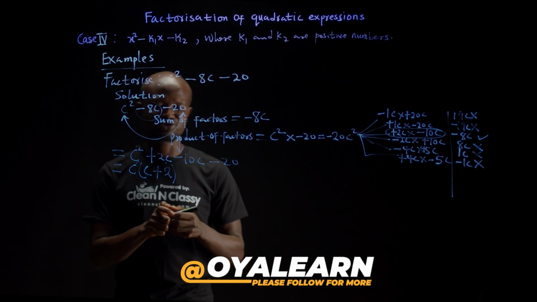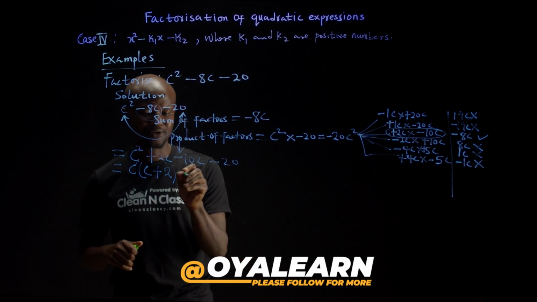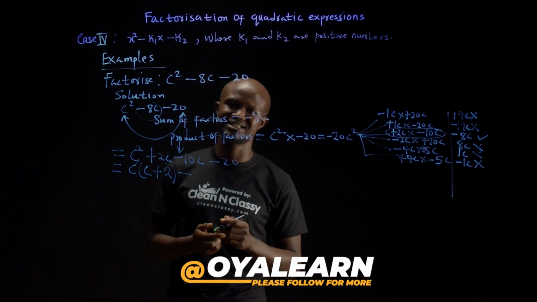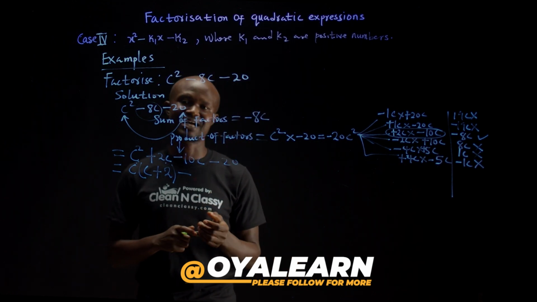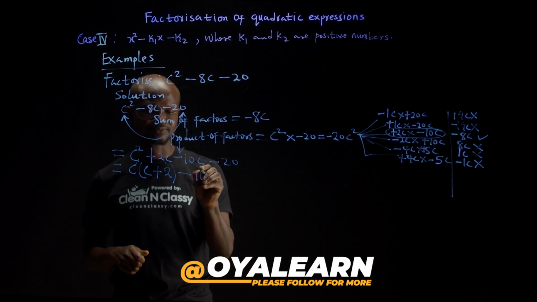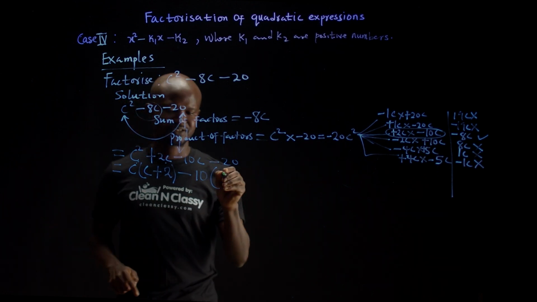And now the last two, minus 10c and minus 20. You can see minus is common, so we bring out the minus first. Now 10c and 20, what is the common factor? The highest common factor is 10. So in this case, we can just copy this and write it here.